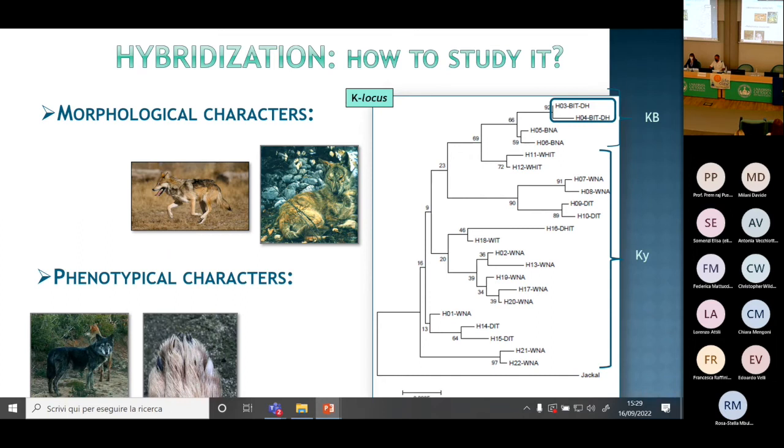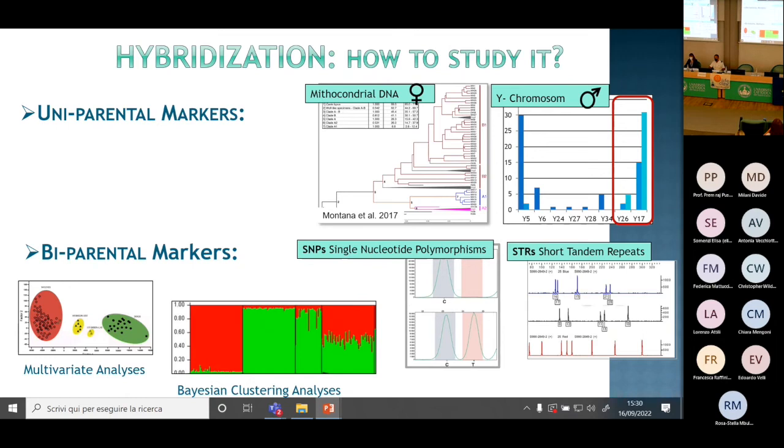The detection of hybrids can be based on the application, for example, of anomalous morphological or behavioral characters. However, they can be subjective or not quantifiable. Therefore, more reliable results in hybrid identification can be obtained using molecular tools.